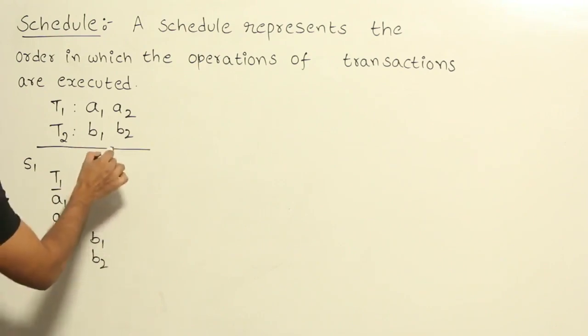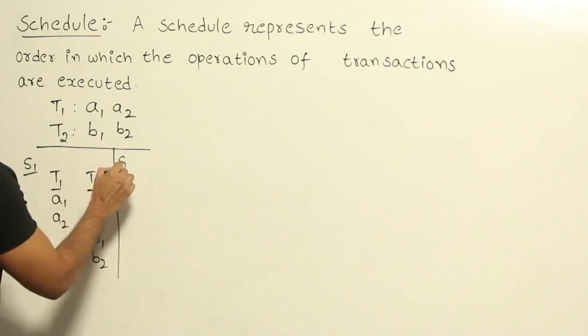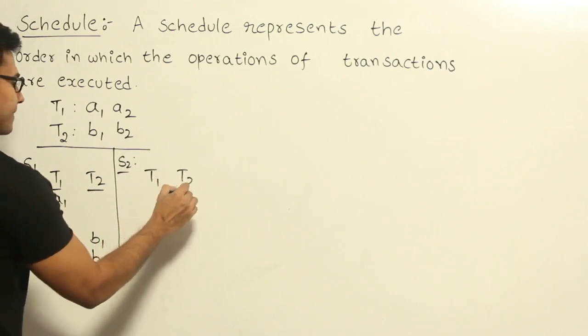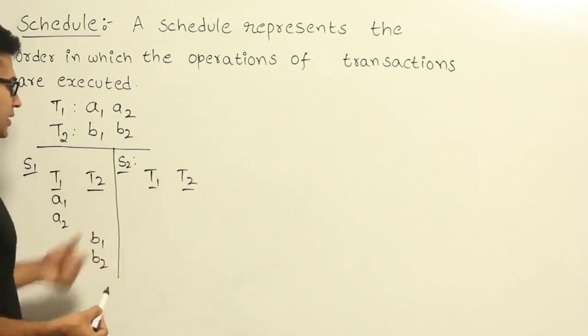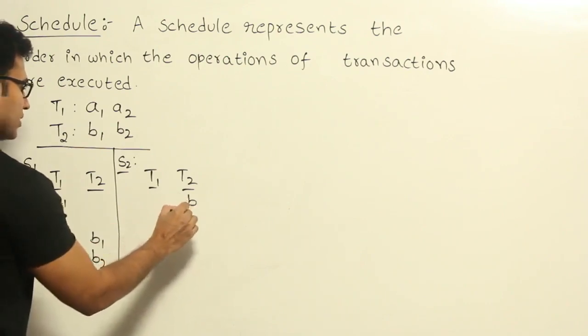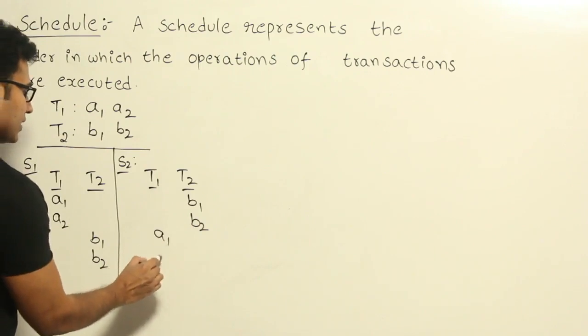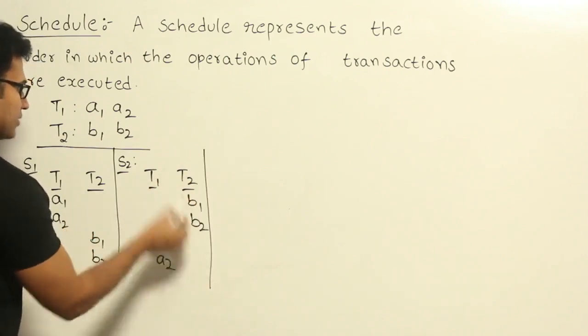This is one type of schedule. The other type of schedule is: let's say T2 first and then T1, which means B1, B2 will be done first and then A1, A2. This is another type of schedule.